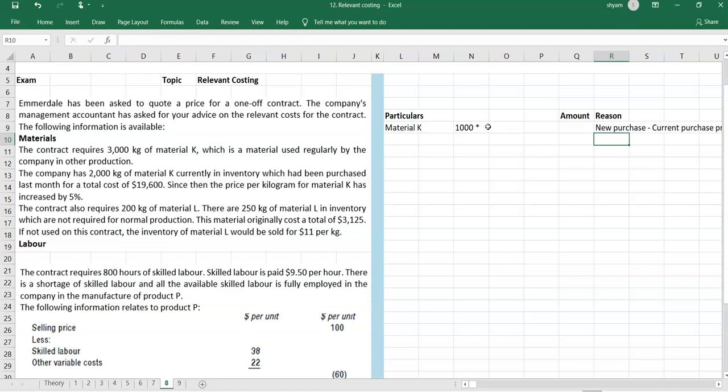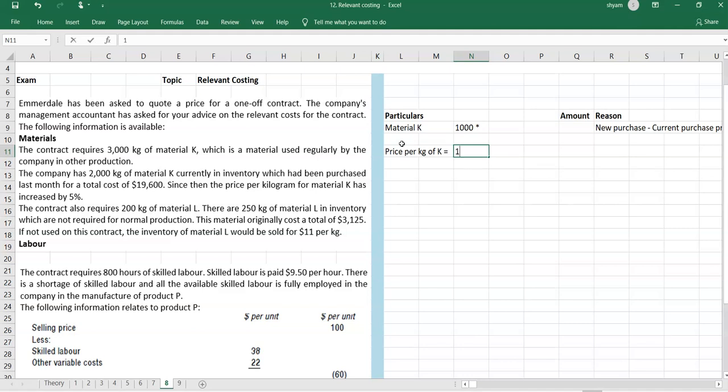So that will have a price of, what's the price? We have to find out the price per kg of K. So we'll work it out here itself.